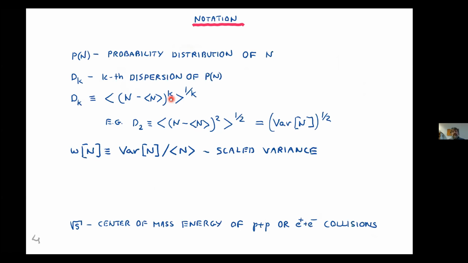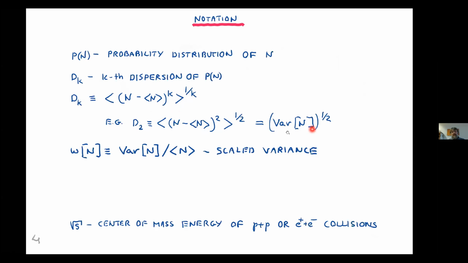It's the kth order central moment, the average of (n minus mean n) to the power k, but taken to the power 1 over k. In the case of the variance, the second dispersion D2 is just the square root of the variance.